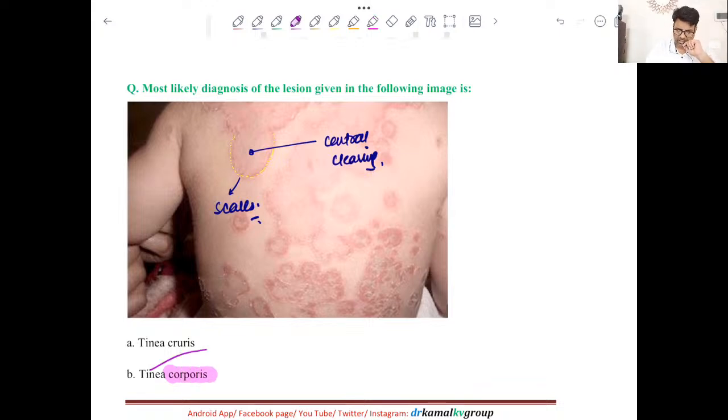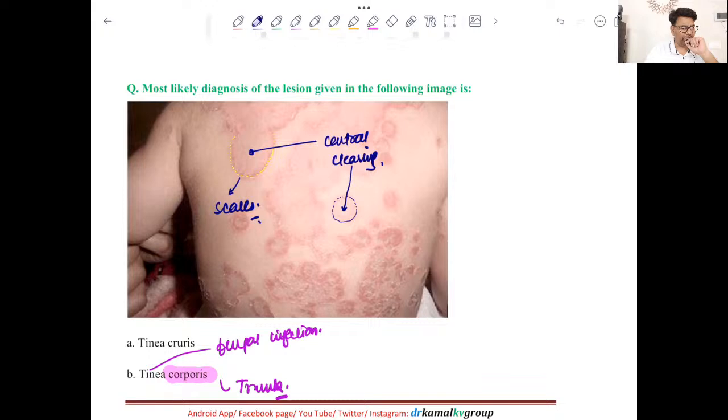Tinea is actually a fungal infection, and corporis means trunk. So this is tinea corporis, and you can classically see an annular lesion, something like this. There is central clearance and there is a rim at the periphery.